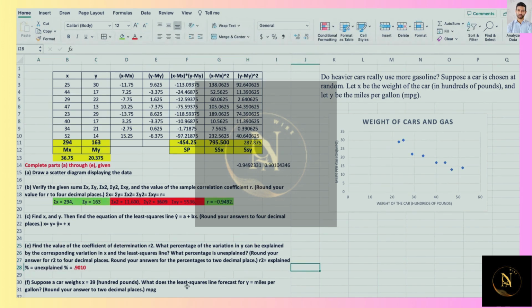Suppose a car weighs x equals 39. What is your least squares line forecast for y? So that is if x equals 39.